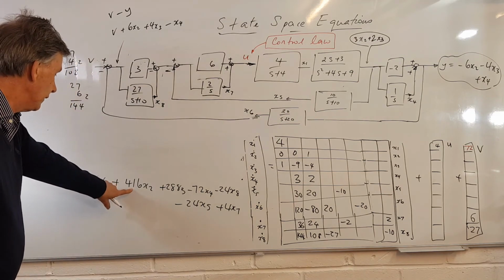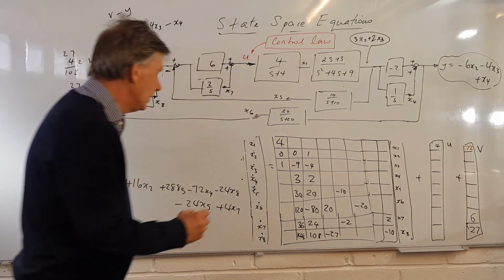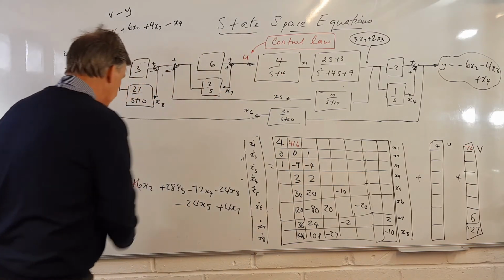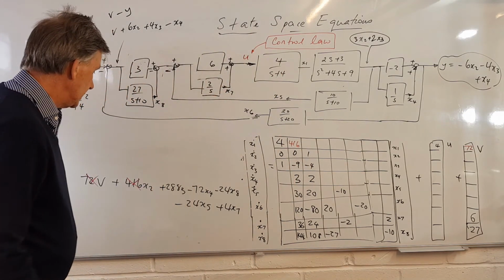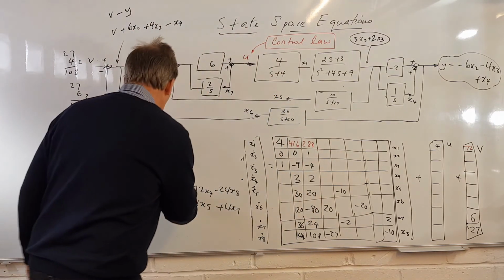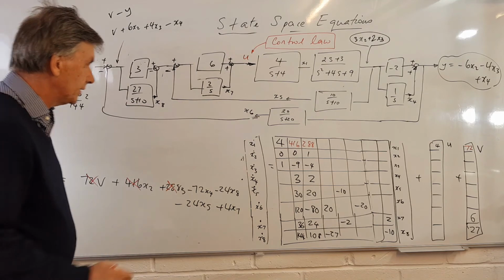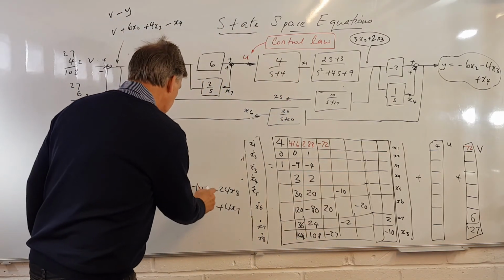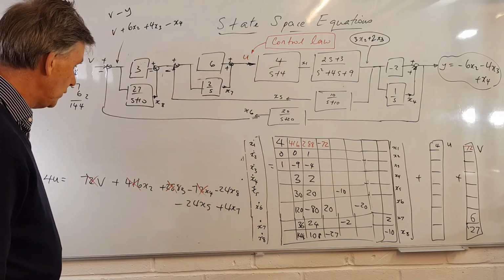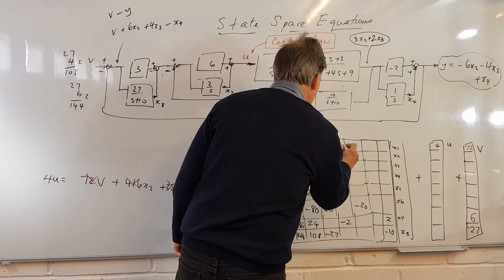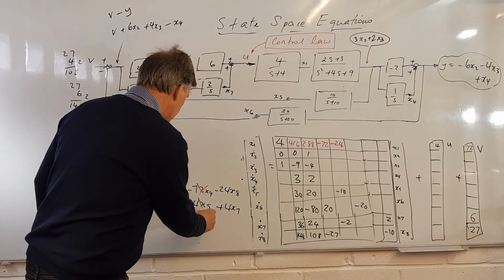Then we've got a 416x2. So we've got 416 in there. That one's gone. We've got 288x3. So that one's gone. We've got minus 72x4. So that one's gone. Got minus 24x5. So that one's gone.